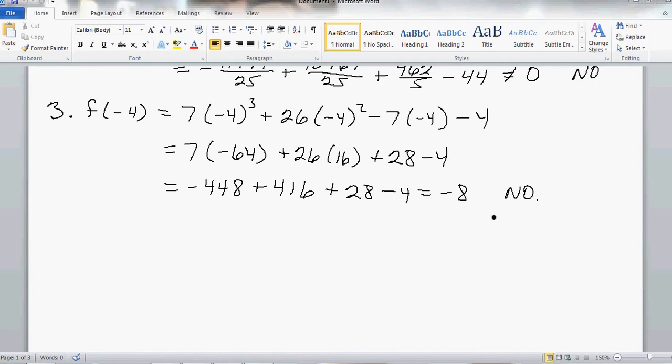So no, it is not a factor. Once again, remember that in order for it to be a factor, it has to equal 0.